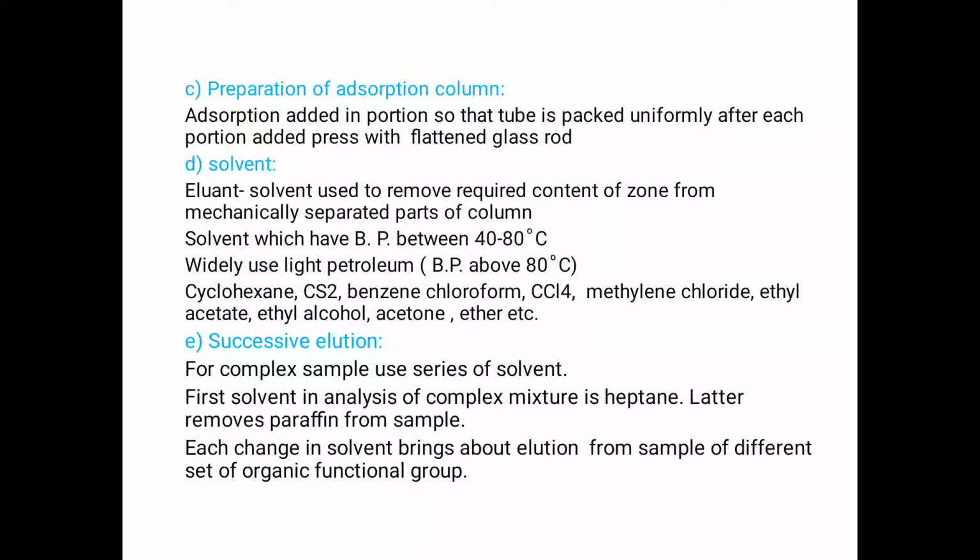Solvents having a boiling point in the range of 40 to 80 degrees Celsius are commonly used because the sample collected in the solvent is easily evaporated. If we use high boiling point solvents, then it is difficult to evaporate the solvent and recover our sample components.